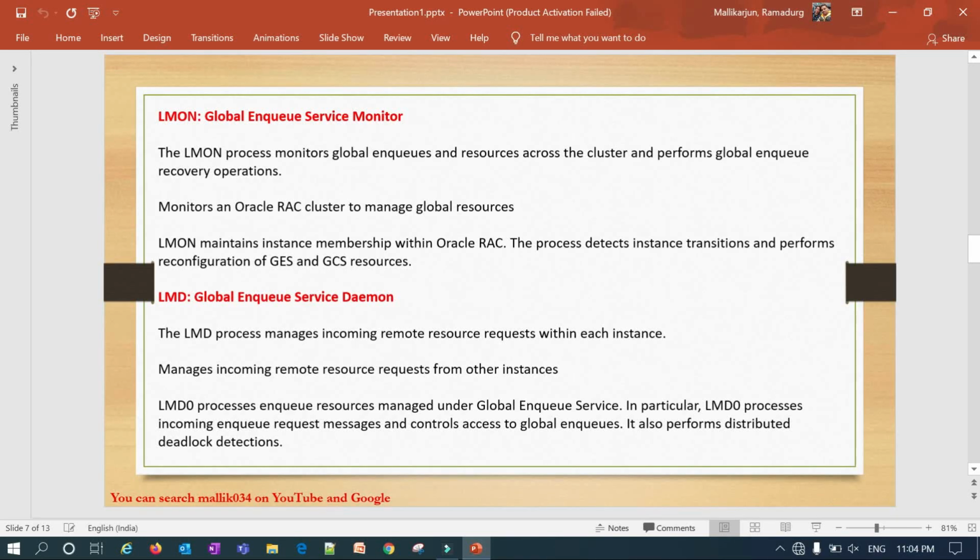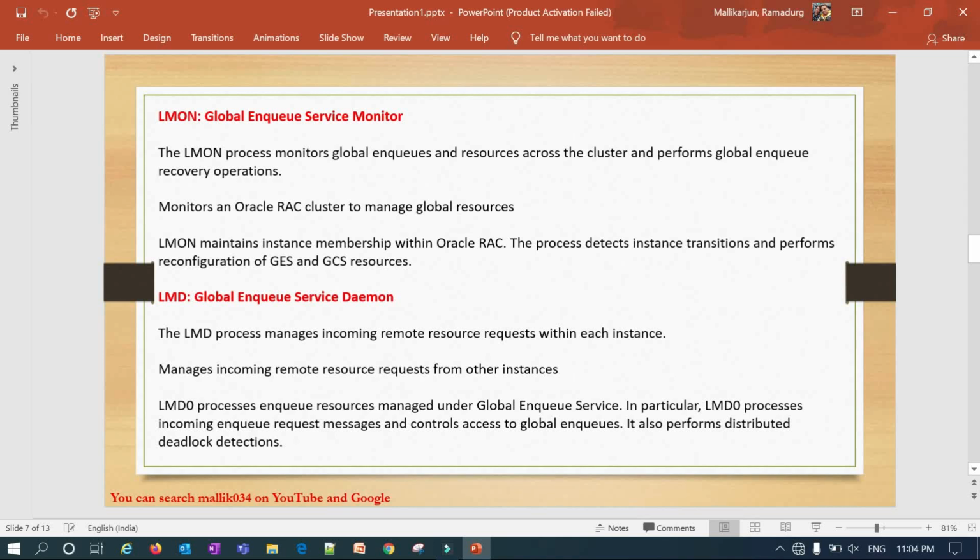So if instance 1 is requesting a particular block, LMD comes into the picture. And if instance 2 gets one more request for a particular block, the LMD belonging to that second instance comes into the picture and provides the necessary information. Again, it manages incoming remote resource requests from the other instances.